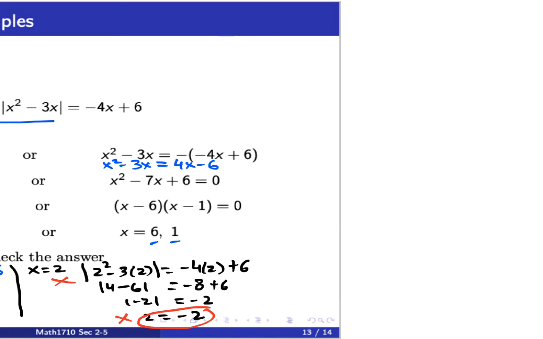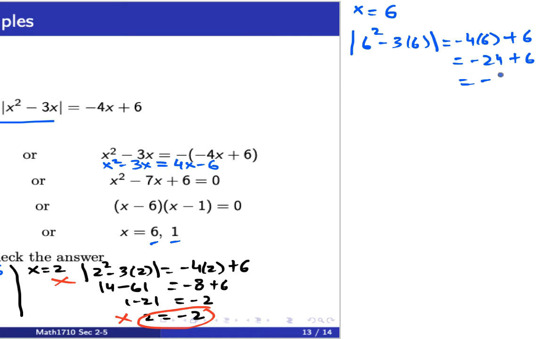Okay, let's start with x equals 6. Plugging it in, we get 6 squared minus 3 times 6 equals minus 4 times 6 plus 6, negative 24 plus 6, negative 18.